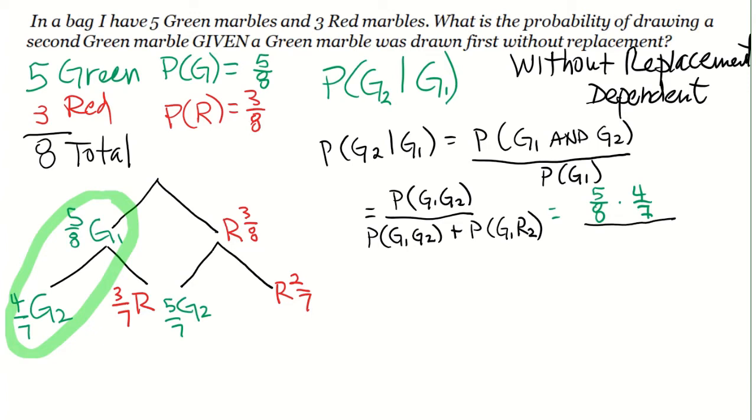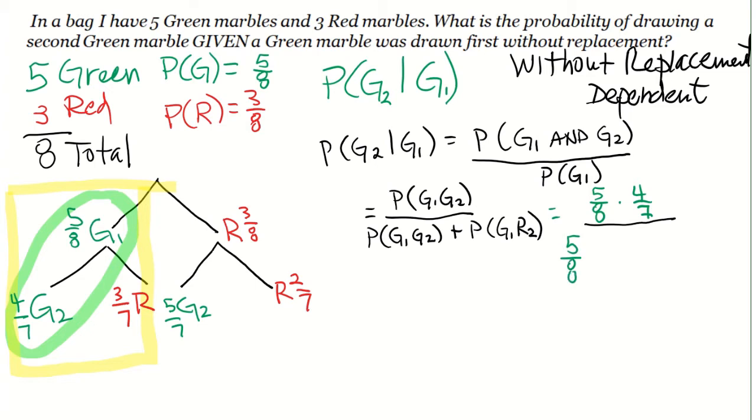Now on the denominator, we are looking at the sample space that includes G. So what that is, is including all of the space right here, all of the probability of G. This is my sample space that includes G. And we're first going to write what we just did, our G1 and G2.